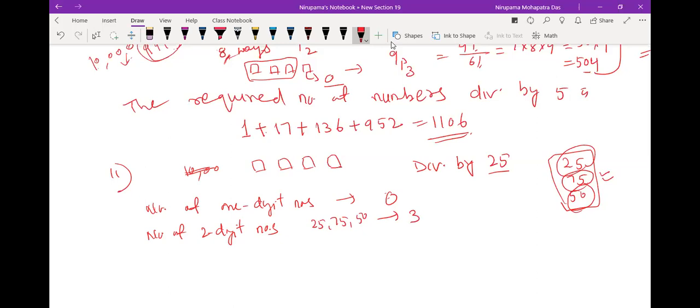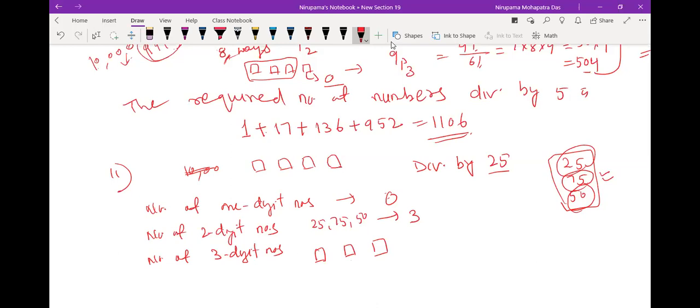Now the number of three-digit numbers. Whenever you write three-digit numbers, what are the possible cases? Here you will have it like this. You cannot have 0 here.